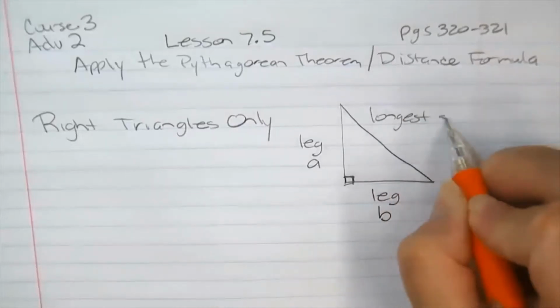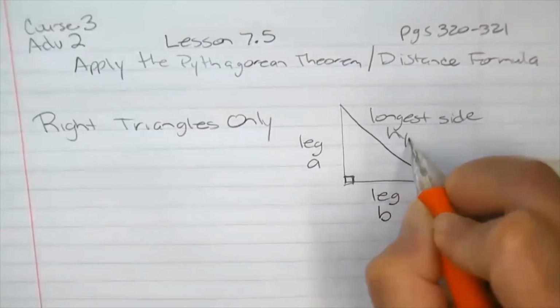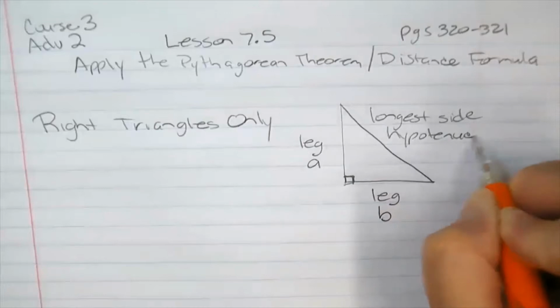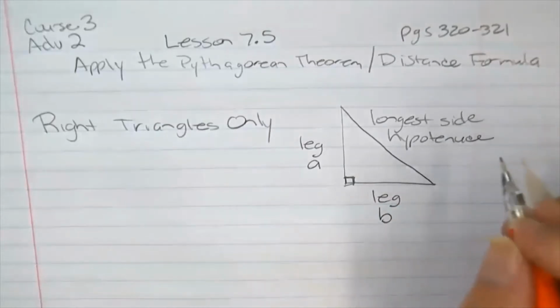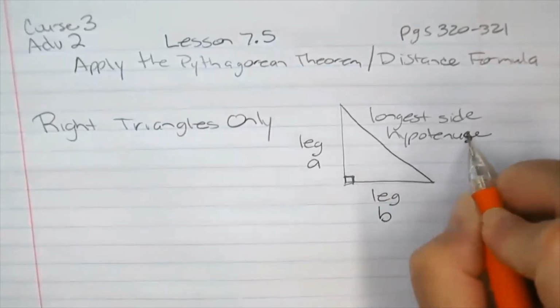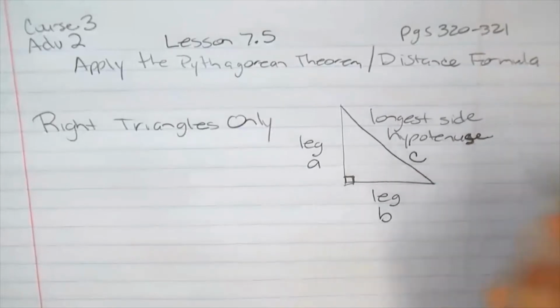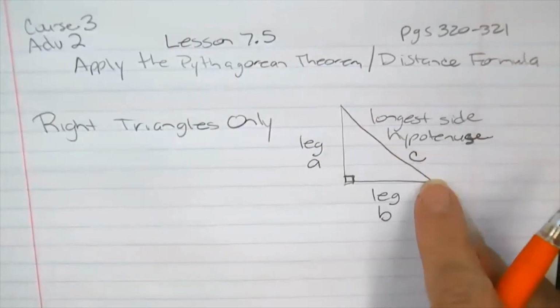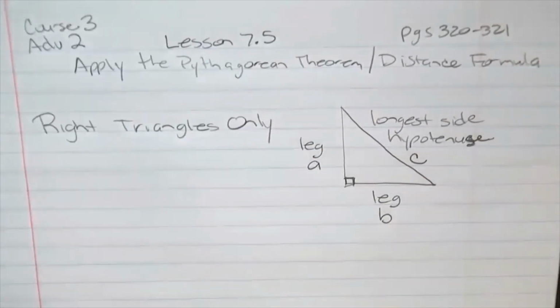It's called the hypotenuse. And we use a C to represent the hypotenuse, or the longest side.